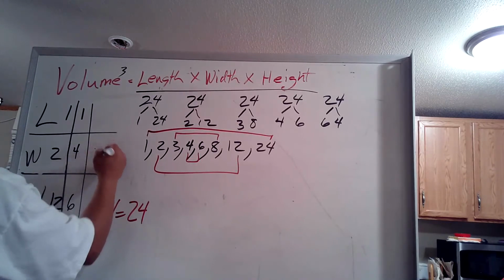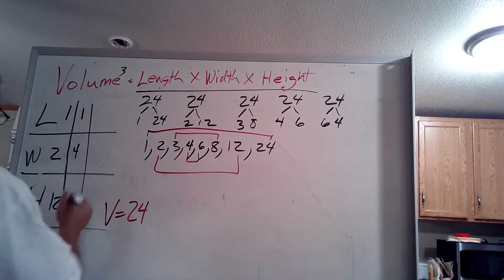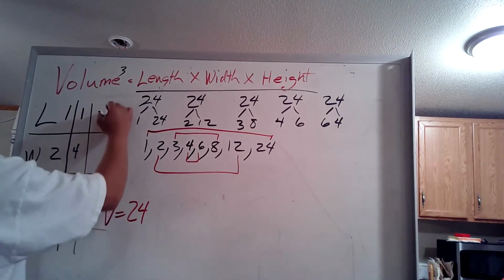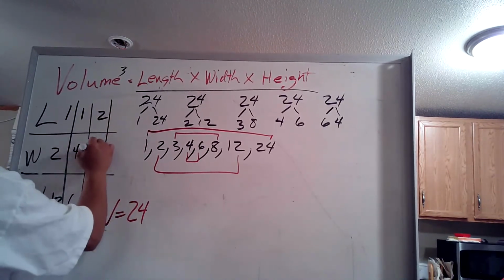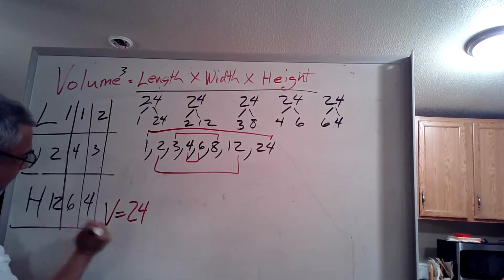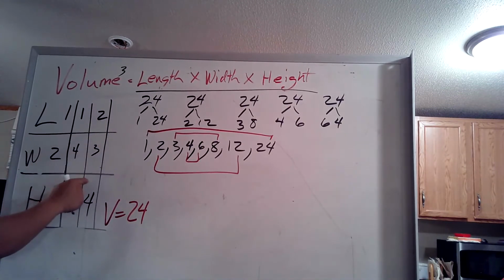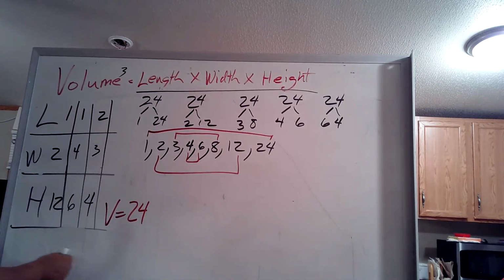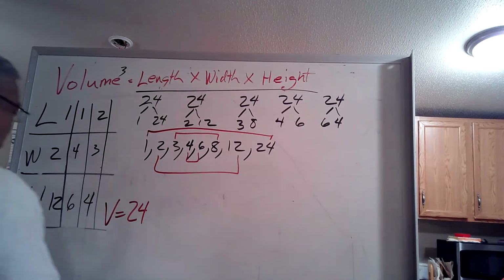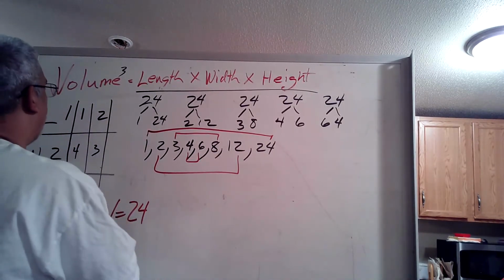I also could go, let's see. If I don't want to use just ones, I could use a 2. Okay, I could say 2 times 3 times 4. Why can I do that? Because if I know my math facts, 2 times 3 is 6, 6 times 4 is 24. Woo! Okay, so I'm going to move this over some more.